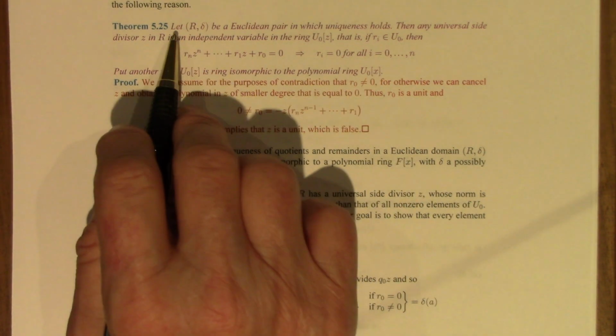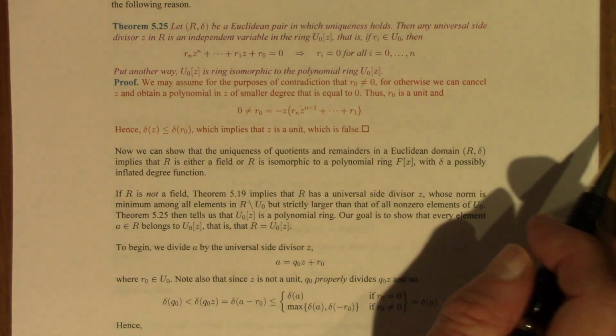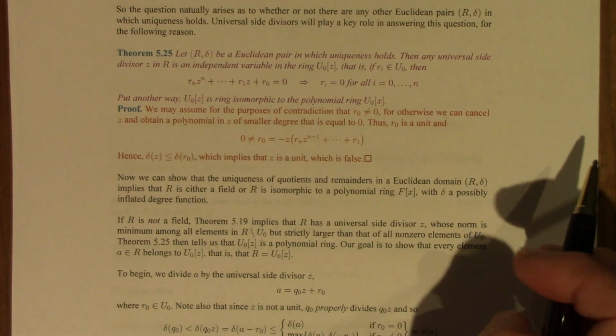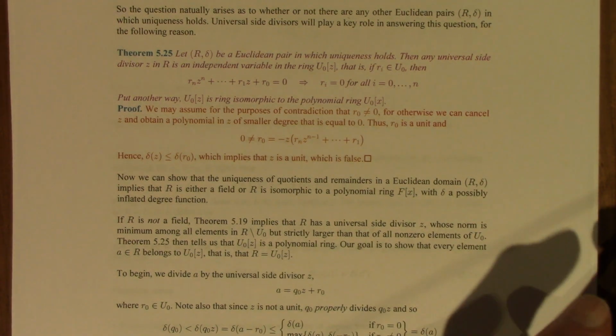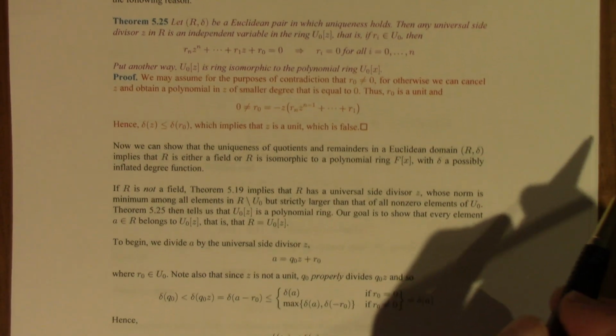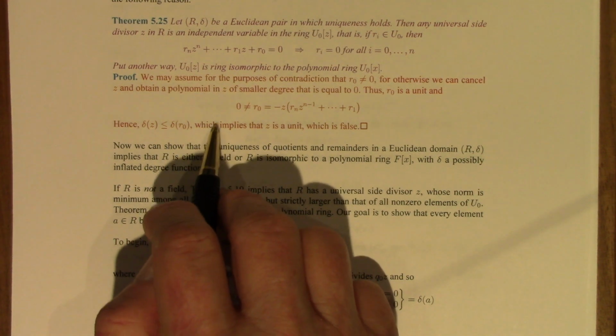Okay. Z is an element of R, but what this theorem is saying is that it acts just like an independent variable X. The proof is what? 4 lines?